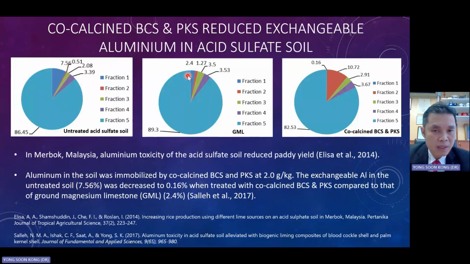After treatment with ground magnesium limestone, it comes down to 2.4%. But with co-calcined blood cockle shell with palm kernel shell, it comes down even further to 0.16%. So that shows that liming with calcined biogenic calcium together with palm kernel shell brings more value and its capacity to reduce and remediate toxicity of marginalized soil, in this case, acid sulfate soil.